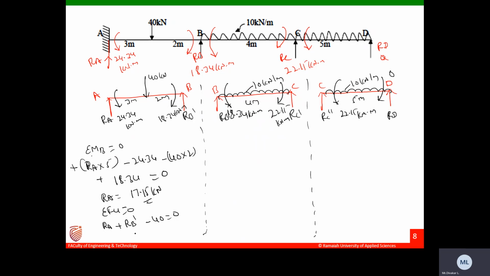Then substitute RA here and let us find out RB dash. RB dash equals to 22.85 kilonewtons. Okay guys, this is RB dash.